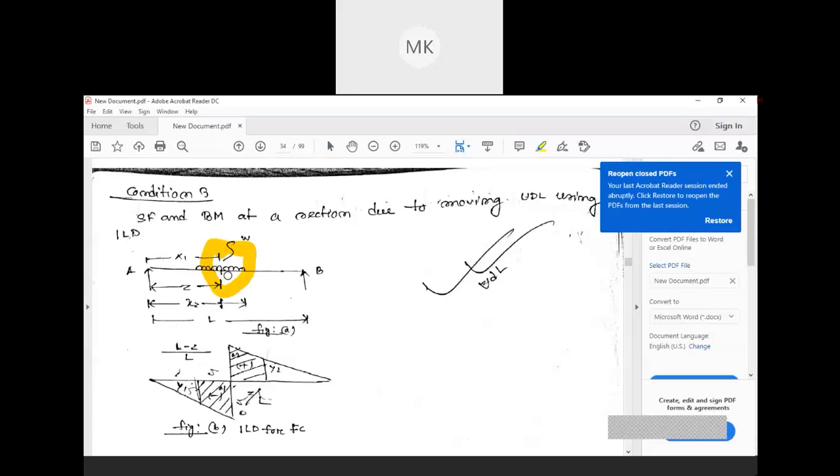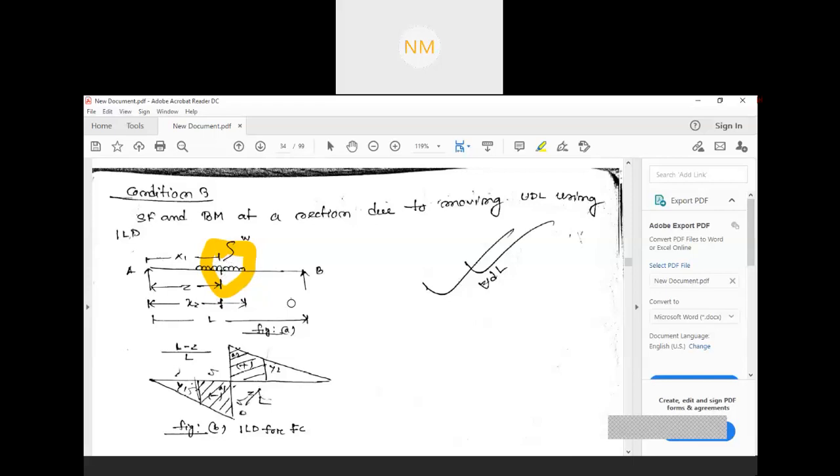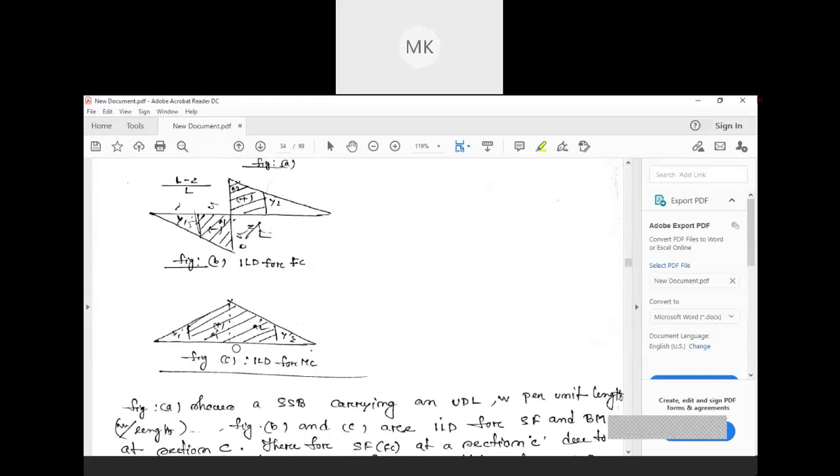So we need to follow these different conditions: what is the impact of that particular load at that point? Okay, so we're only finding the maximum shear force and bending moment at a particular point. Yes, we are considering only that point.